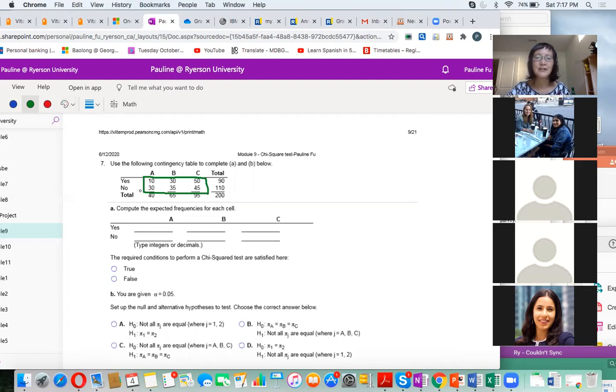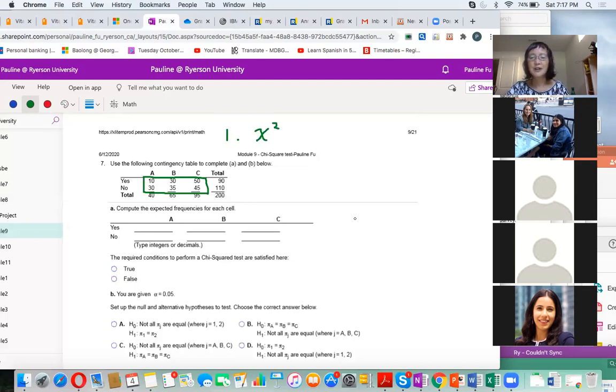Question 1, what is the test statistic? Question 2, what is the p-value? Question 3, what is the critical value? Question 4, what is your conclusion? And we are going to use this calculator. All right, so first question, what is the chi-square test statistic?